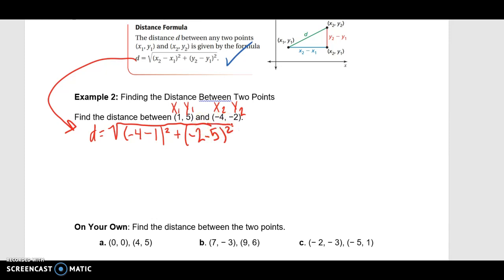The next thing I'm going to do is what's inside my parentheses. So -4 minus 1 will give me -5. -2 minus 5 will give me -7.